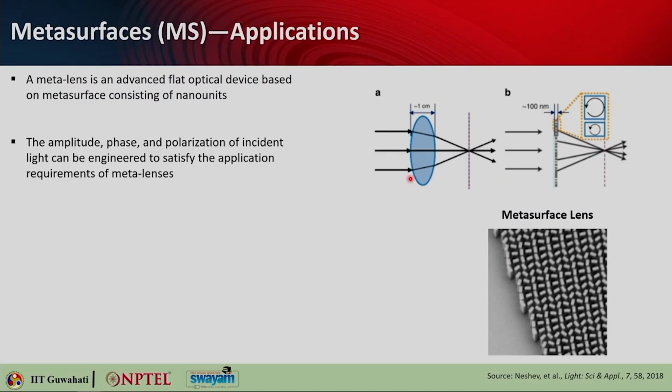This is a conventional lens made of glass or any other dielectric material, and its typical thickness is in the order of centimeters. Whereas when you make a lens doing the same functionality of focusing the incoming beam to a point, a metasurface lens can be very thin, of the order of 100 nanometers.